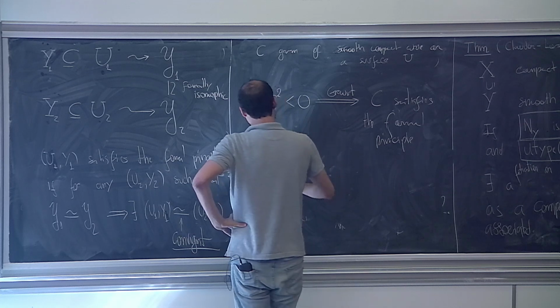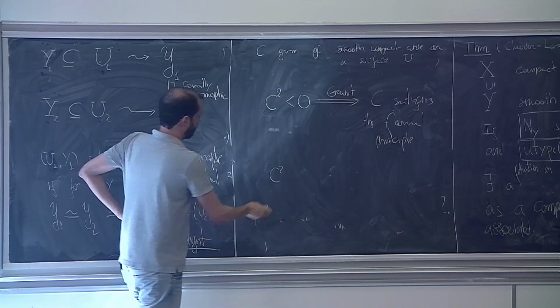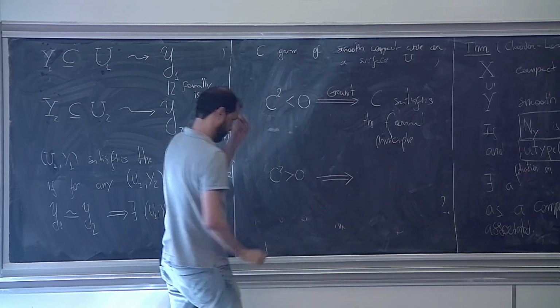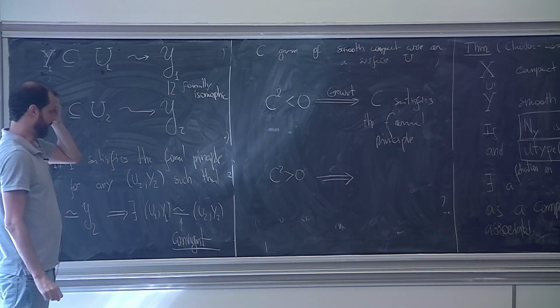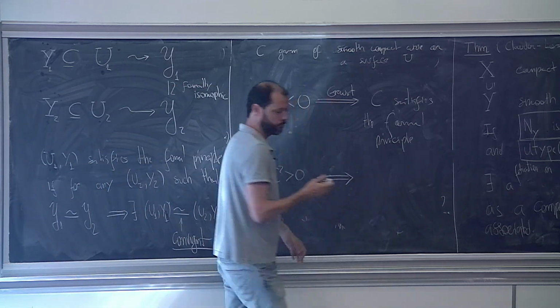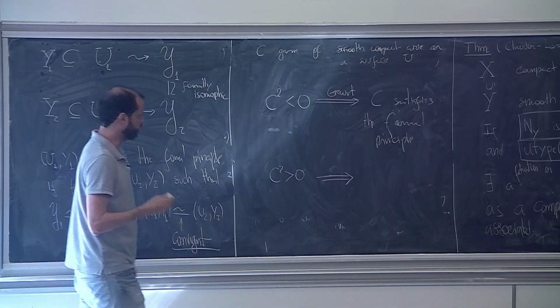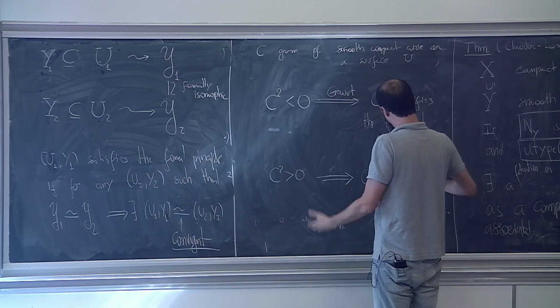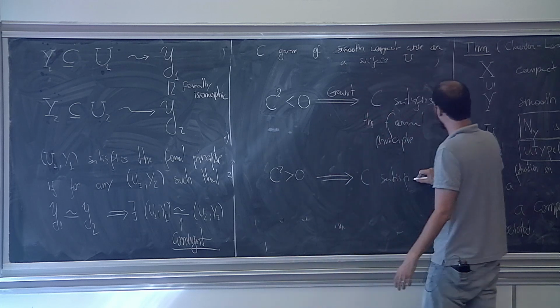The situation when the square is positive, then this is a theorem by, I don't know who proved this first, but C satisfies something even stronger. Somehow it's related to this result of Andreotti.